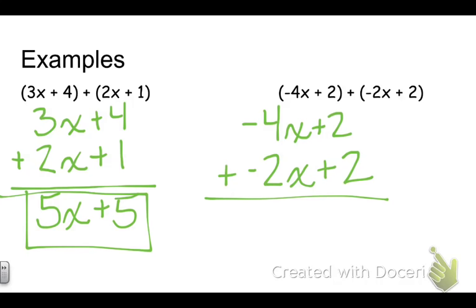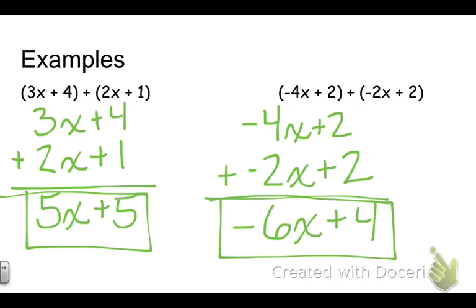So we've got negative 4x, I tend to drop the variable, negative 4x plus negative 2x. If I have negative 4 and a negative 2, when I add those together, it's going to give me negative 6x. And then 2 plus 2 is going to give you 4. Alright, there is my adding linear expressions.